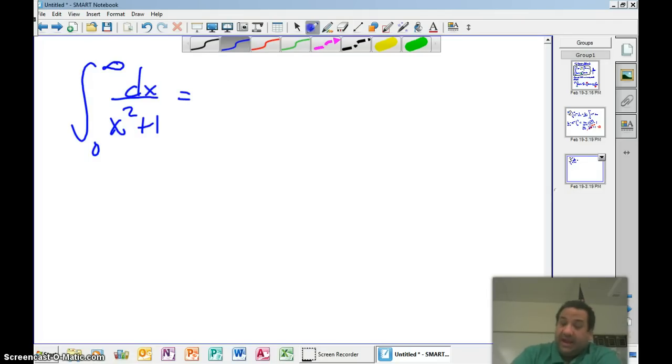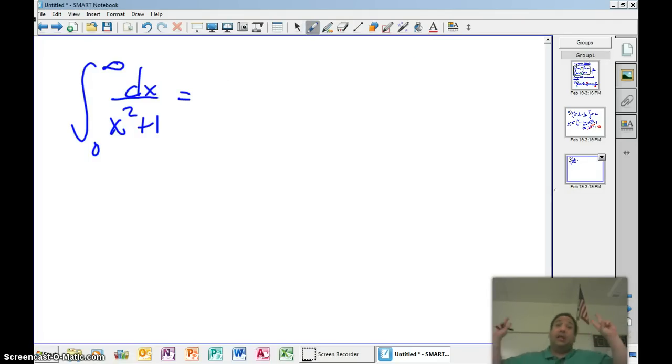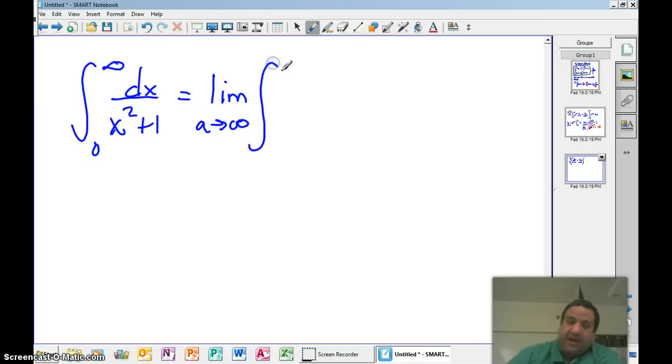This is a DiVincenzo classic problem. Limit as a goes to infinity. You can pick any number, any letter. I pick a or b, and it's the integral from 0 to a of dx over x squared plus 1.